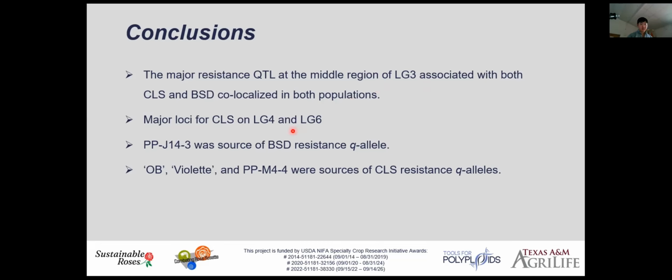And major loci were found on linkage groups 4 and 6. She found that J14.3, one of the breeding lines out of our program, was a source of black spot resistance, and Oblush, I think, maybe, I don't know, Violet and M44 were sources of Cercospora resistance.